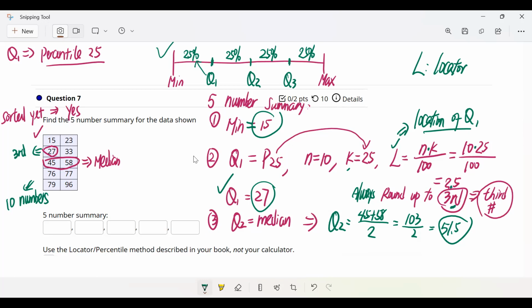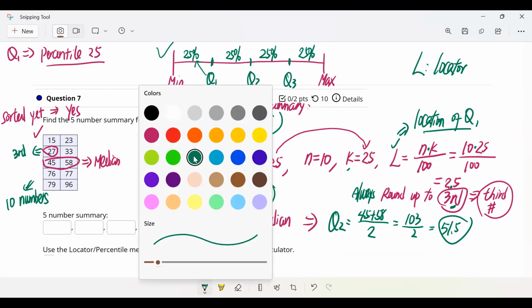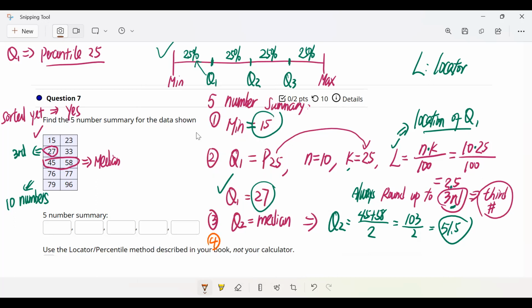So now, the fourth one is quartile 3. As you can see, if you accumulate those, it's 75%. So Q3 is the same thing as saying the percentile of 75, P75. Sample size is N, K is 75.